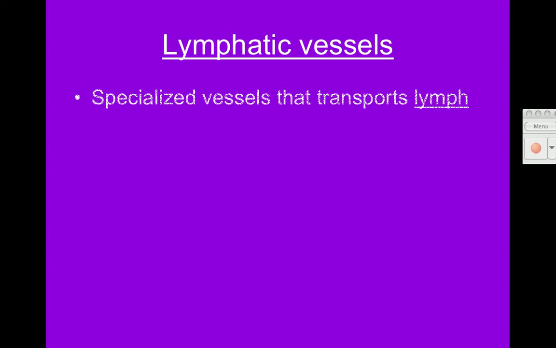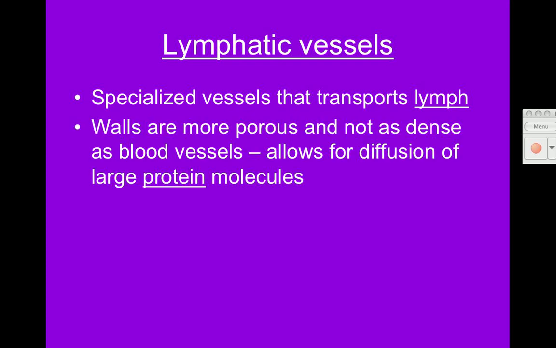Lymphatic vessels are specialized vessels that transport a fluid called lymph, that we'll talk about in a minute. The walls of the vessels are much more porous, so they allow a lot more things to come into these vessels than blood vessels do, especially large protein molecules, and we'll talk about why those protein molecules are important in a little bit.